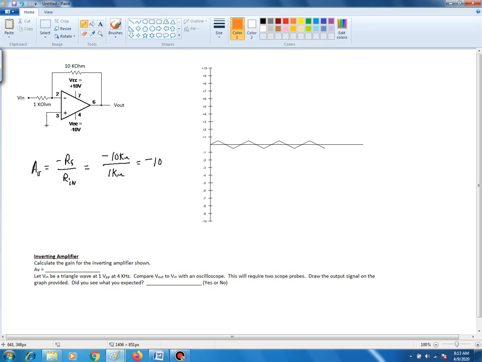As far as the signal at Vin, that's a 1 volt peak to peak at 4 kilohertz. So we know that the peak of the wave will be at positive 0.5 volts on the positive side, and on the negative side it's going to peak at negative 0.5 volts. The easiest way to plot this is to figure out where the peak points are and then draw lines between those points.